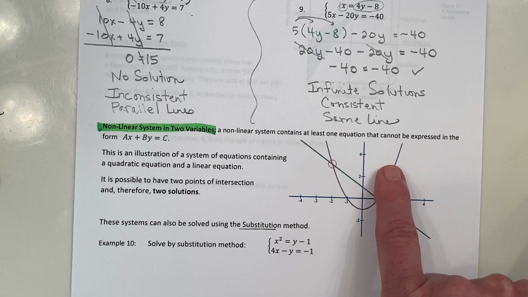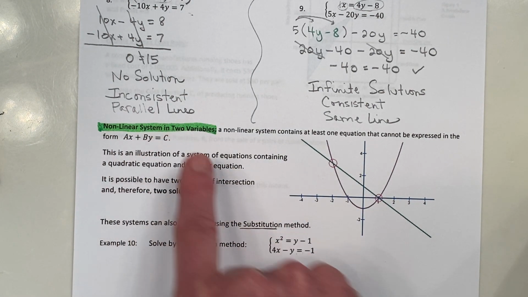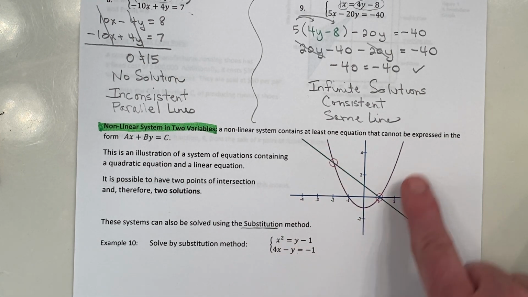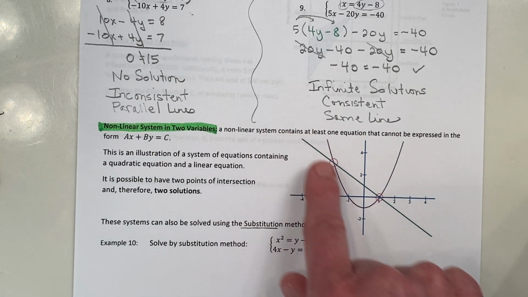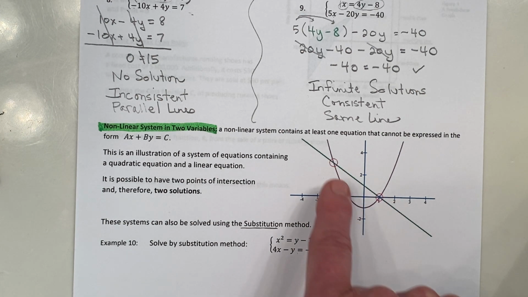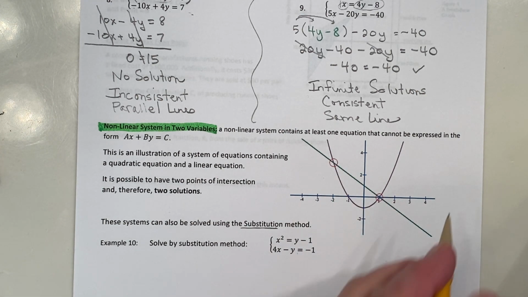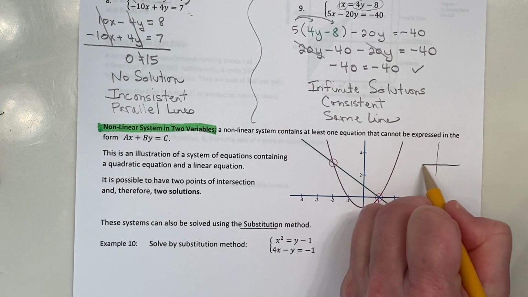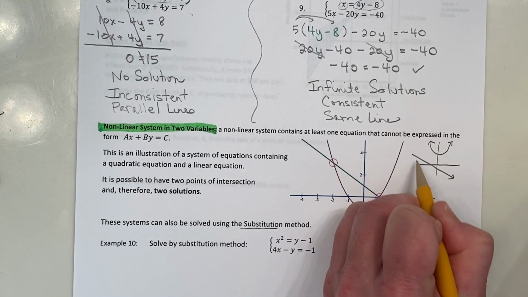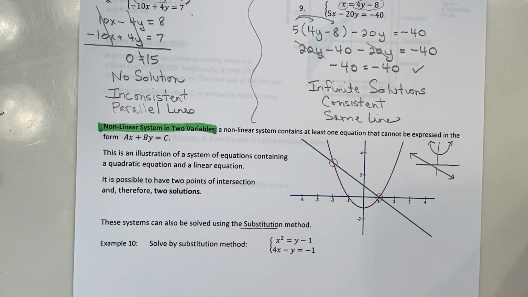Just as a graphical representation of what a nonlinear system might look like, if you have a quadratic equation, we would have a parabola. If you have a linear equation, you'd have a line. It's definitely possible for a line and a parabola to intersect in 2 points. It's also possible in another case to have a parabola, maybe something like this, and a line, something like this, where we have no solution.